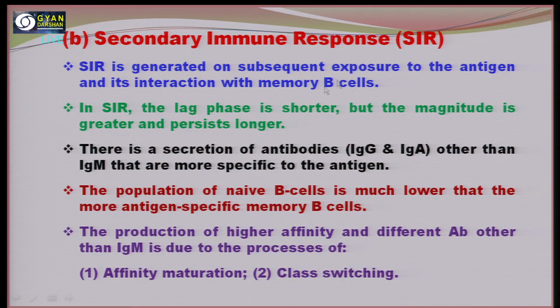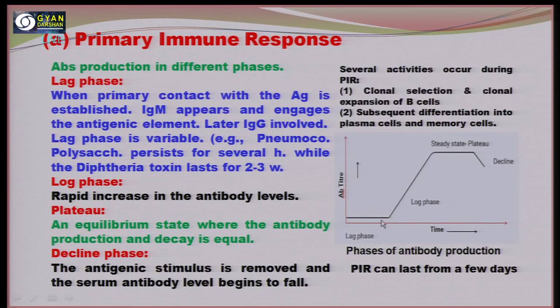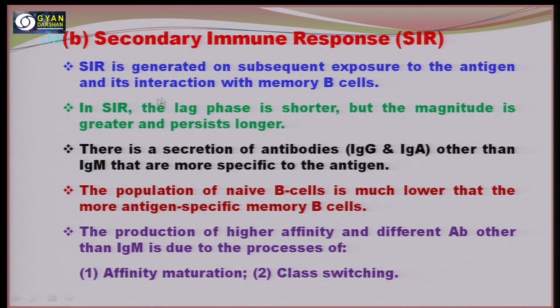Another is the secondary immune response. The secondary immune response is generated on subsequent exposure to the antigen, in interaction with the memory cells. In the secondary immune response, the lag phase is shorter. Here the lag phase is longer, but in the secondary immune response the lag phase is very short.